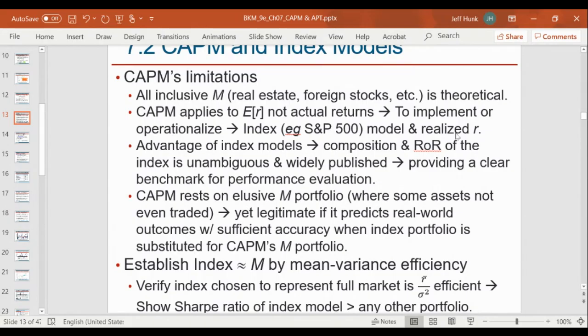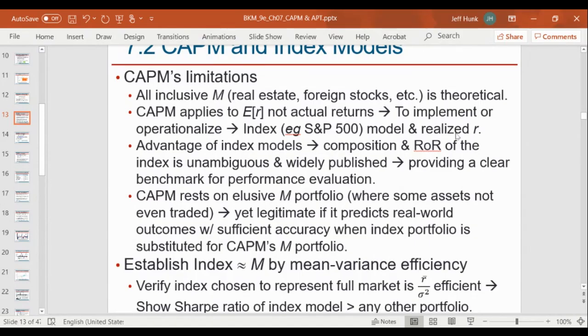And also, CAPM applies to expected return, not actual returns. In other words, we are using CAPM to forecast or predict the expected return, which is the mean expected return. Expected returns are forecasts, and a forecast is not actual data, right?